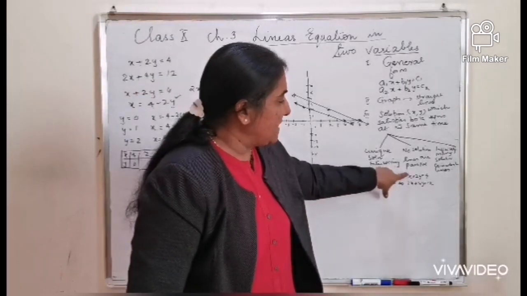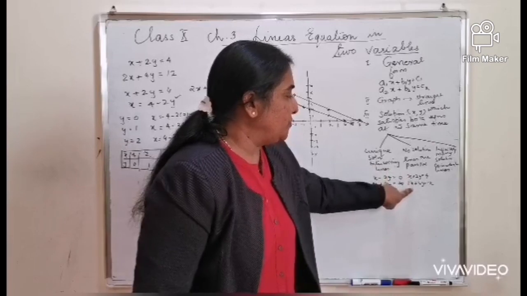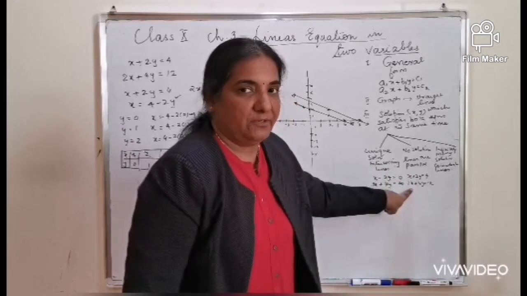Thus the equations are x plus 2y is equal to 4 and 2x plus 4y is equal to 12.